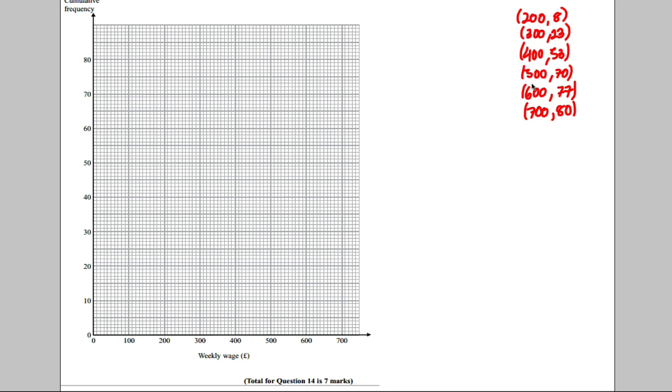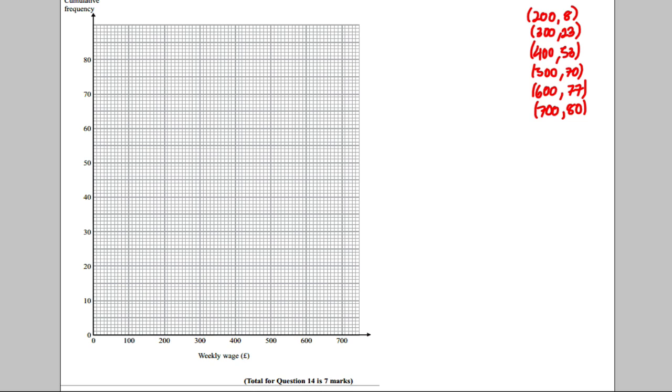Just before we launch into the diagram, let's check the axes and what each square is worth. There are 10 squares here worth 100, so each one must be worth 10, because 10, 20, 30, up to 100. And there are 10 squares worth 10 here, so each little square is worth 1, nice and easy.